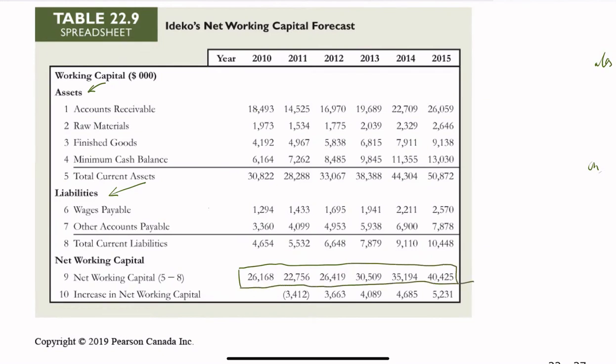And then next, we will want to look at the change in net working capital. This is easy, right? Because you can see that this number 3412 is given by the net working capital in 2011 minus the net working capital in 2010.